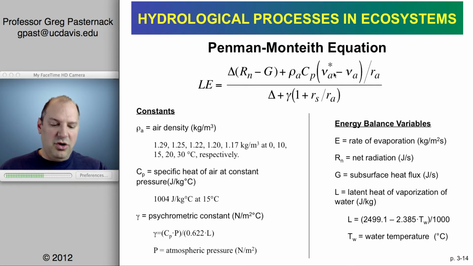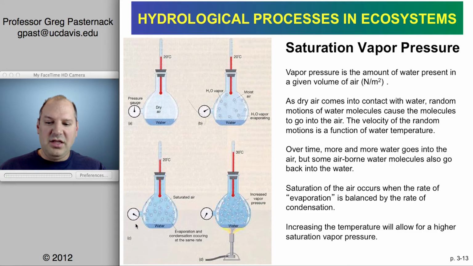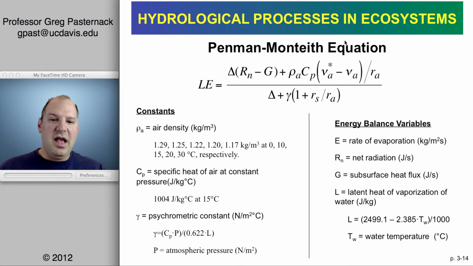So I've already shown you, if we go back one, saturation vapor pressure is indicated by this lower left beaker. The vapor pressure at any moment in time is shown in the upper right, and so typically on any given moment we have less vapor in the air than can be held given that temperature. And so that difference there, that vapor pressure difference or vapor pressure gradient, or even vapor pressure deficit, as some people call it, that's a huge driver.